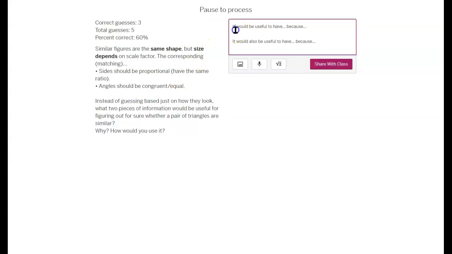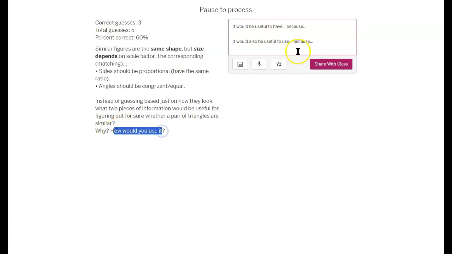So here are some sentence starters that you could use. It would be useful to have, because, and it would be useful to have, and because. So it would be useful to, I would say use here. Let me change this. It would be useful to use.